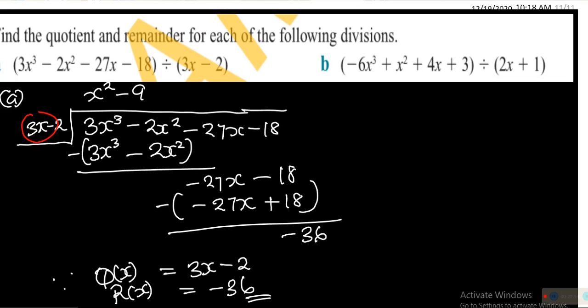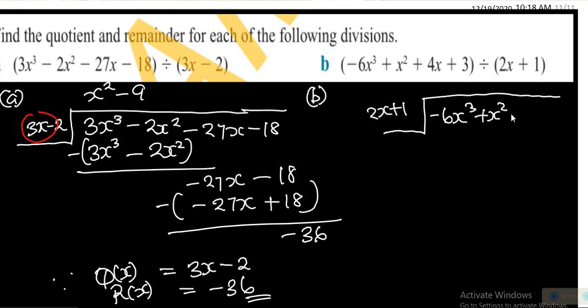Take the second one, minus 6x cubed plus x squared. For B, we'll draw our division symbol. We have the divisor outside and the dividend inside, plus x squared plus 4x plus 3.